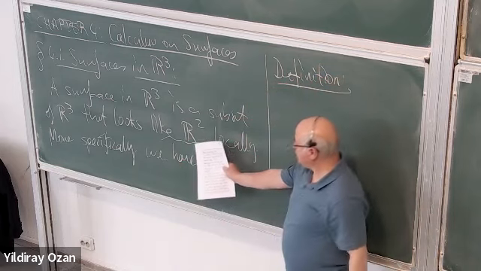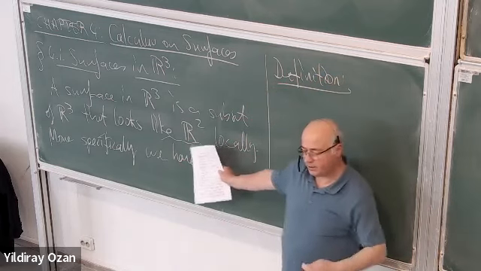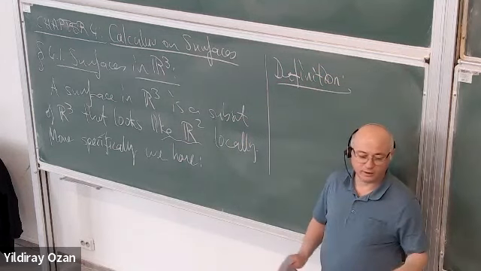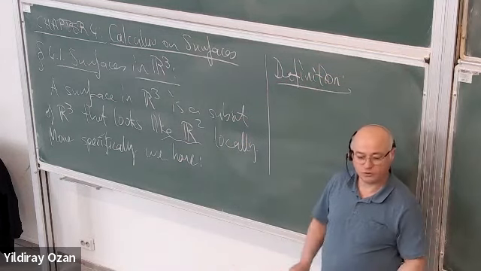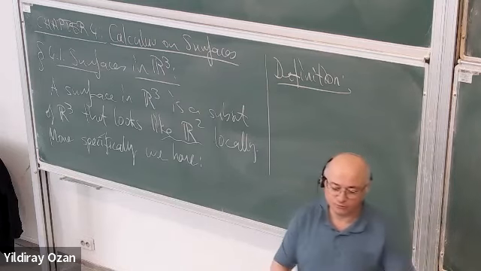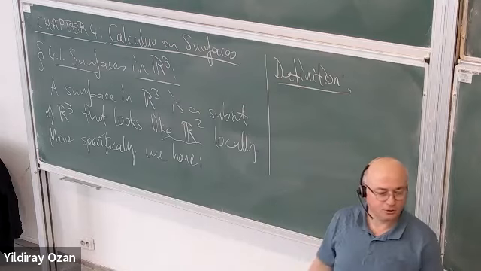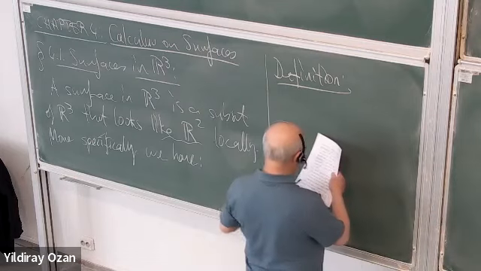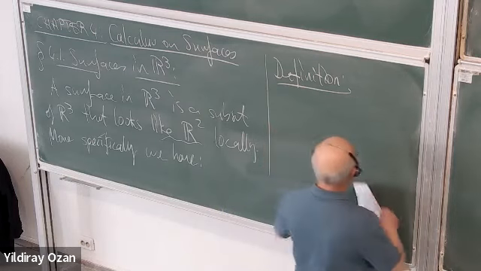Of course, this is not something very strange, right? People used to think that the earth was flat for centuries, right? So it's natural to think that, if you're on a surface, it's like R2. So it is not something unusual.